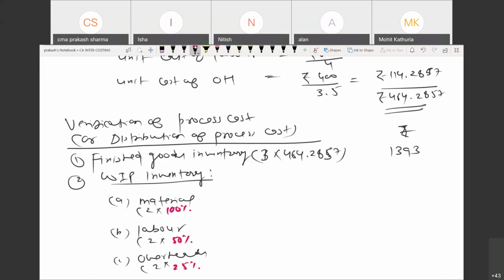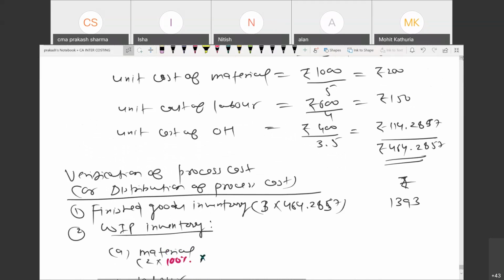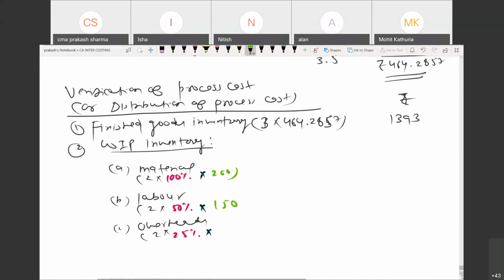Multiplied by their unit rate of material, unit rate of labor, and unit rate of overhead. Okay, sir. So unit rate of material was rupees 200 for material, 150 for labor, and I guess 114 point. Let me check again.